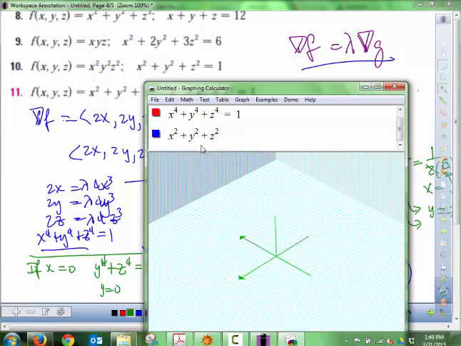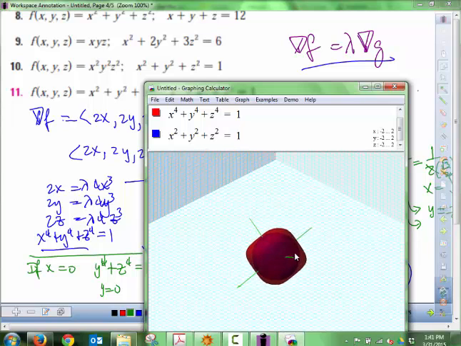So am I finding the highest height? What variable would I usually represent as my height? Z. So z is kind of embedded in here already, so that's not my height. My height is W. It's a fourth dimension here. Okay? So let me just type 1 in for now.